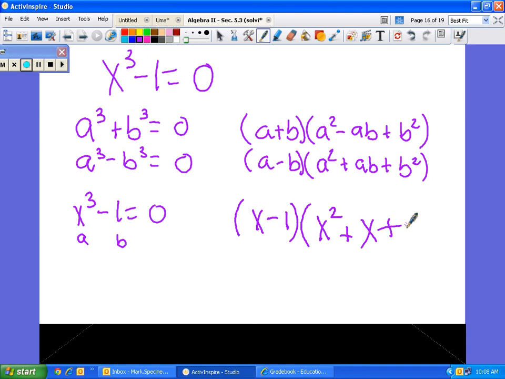What is 1 times x? 1x. So it's just plain old x. And then for my last term, you notice in both cases, the second sign is plus. So no matter what else happens, this is plus. The last term is your B value squared. What's your B value? 1. What is 1 squared? 1. There's your factoring of a perfect cube. That's all you have to do.